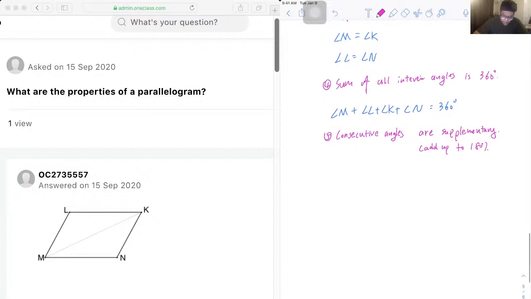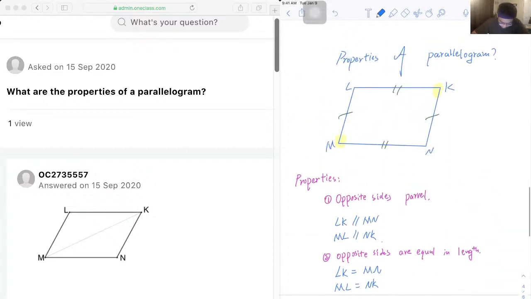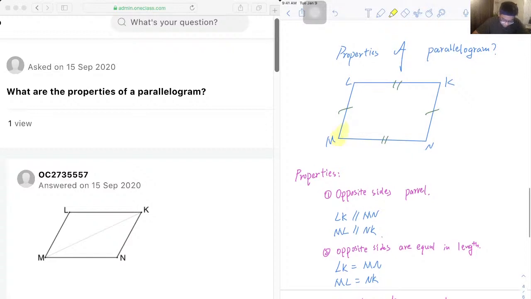So in our case, it will be M plus L is equal to 180. Let me get rid of the yellow part first. So the measurement of M plus the measurement of L is equal to 180. And the same thing, the measurement of L plus the measurement of K is equal to 180. Same thing for K and M as well.